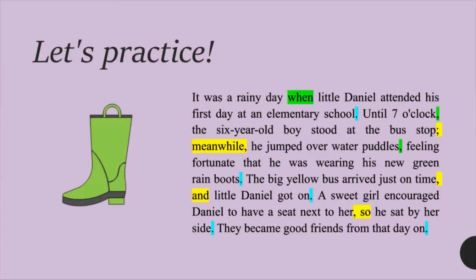Meanwhile, for the sentence, A sweet girl encouraged Daniel to have a seat next to her, so he sat by her side, we use so because we need to add an expected result. Of course, as these two compound sentences express different ideas, they need to be separated by a period.